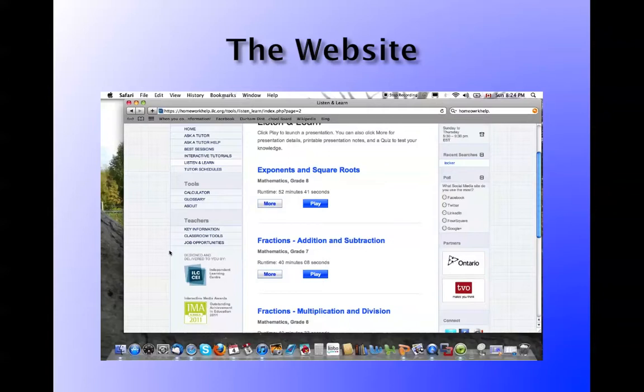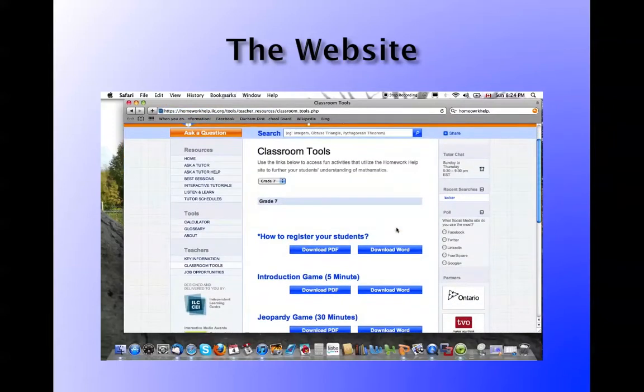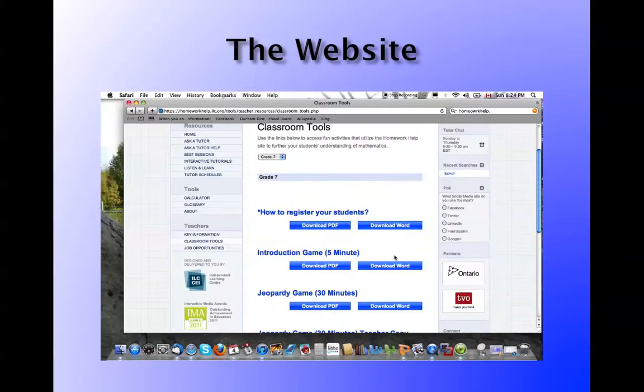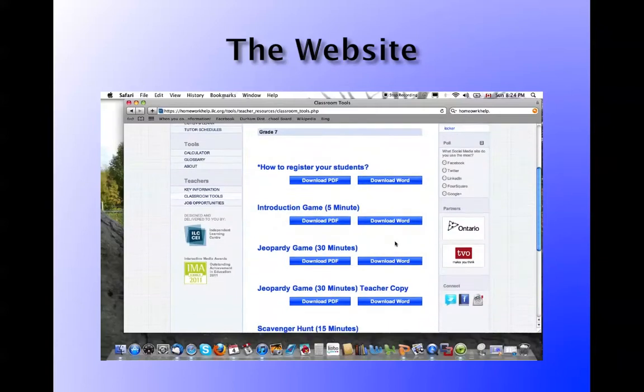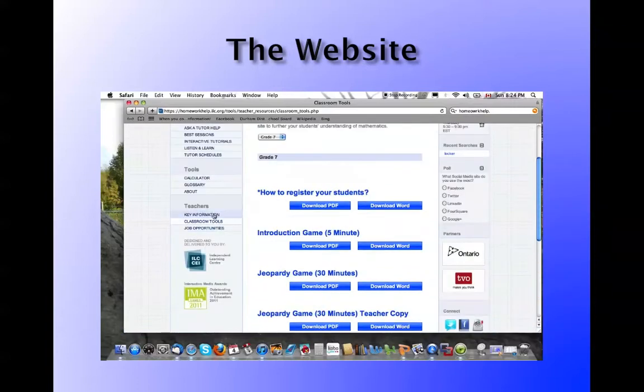The other section I wanted to draw your attention to is the teacher section. There are job opportunities for Ontario certified teachers on this website if you want to become a tutor. There are classroom tools that are small little tutorials to help you get your students registered, introduce you to the website, and games that you can do with your students so that they get engaged and are interested to use this, because the goal is to get students to use this as a math tool.